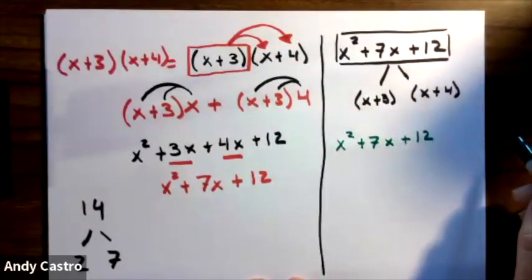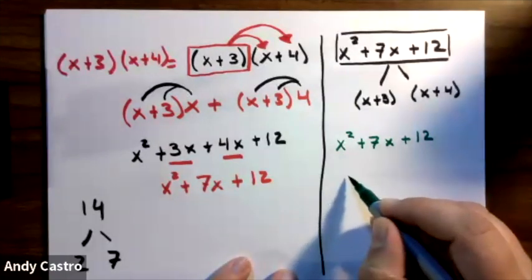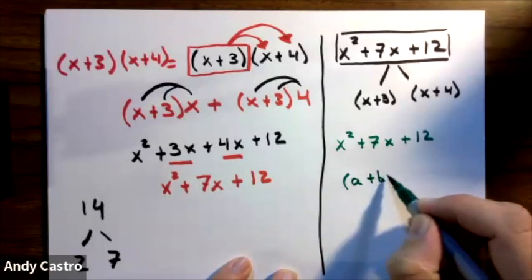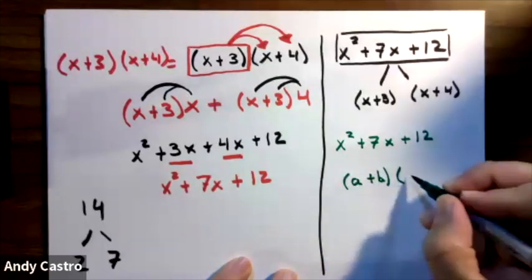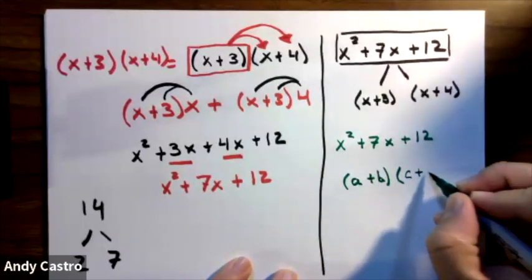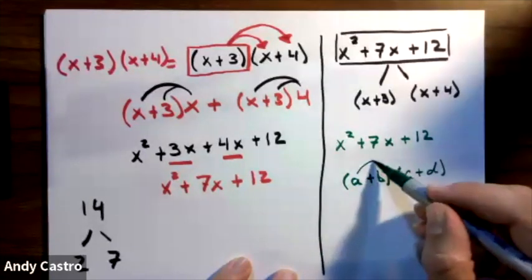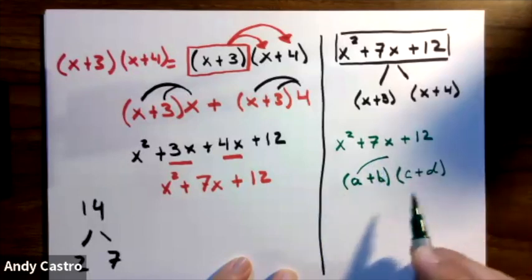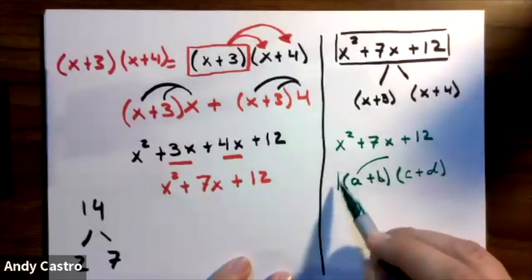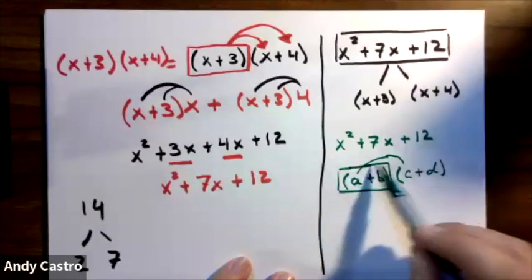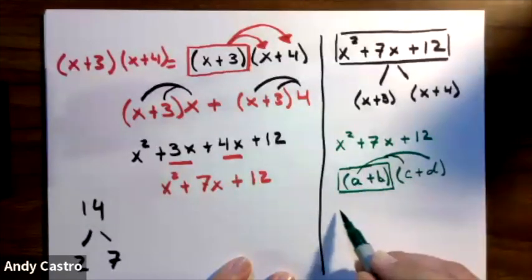Well, I want you to notice a couple of things. If I go ahead and set this up as a plus b times c plus d, and I multiply all of this out, so if I multiply this times c and then times d.